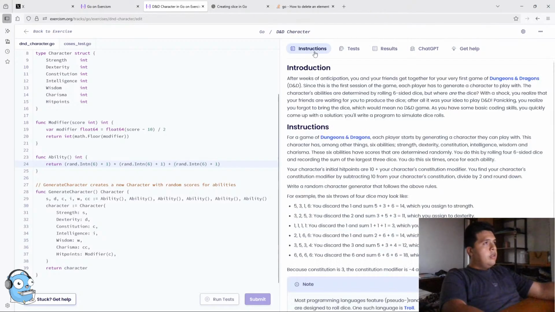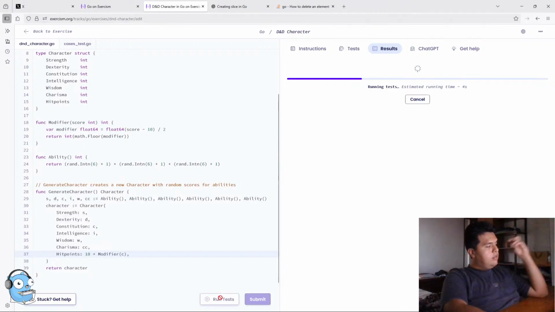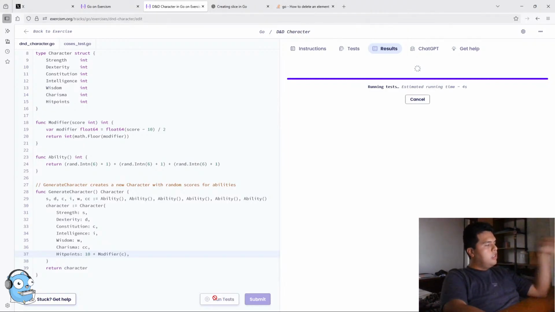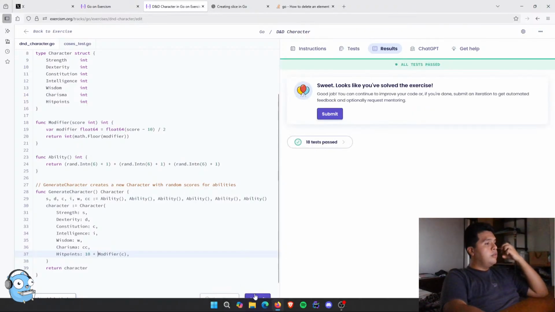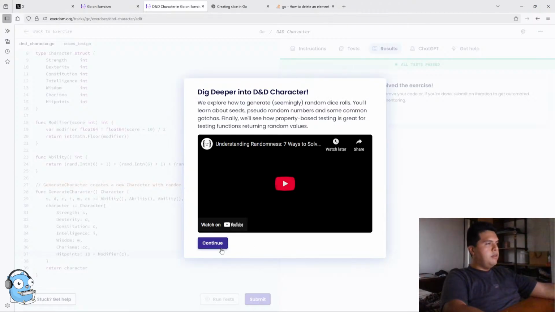Okay. Hit points. Your character's initial hit points are 10. You find the constitution modifier by subtracting 10 from your character's constitution, divided by 2. That means minus 4. Okay, 10 plus modifier. And it works. It was way simpler than I thought.